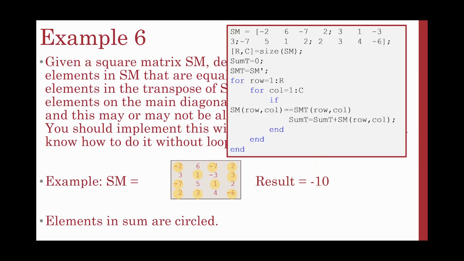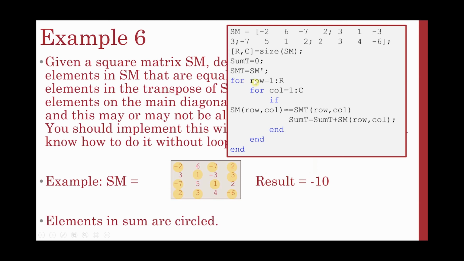So what do we do? We define our original matrix. And then we need the number of rows and the number of columns. We're going to set our sum equal to 0, and then we're going to set our second variable. We need the transpose of our original matrix. So how are we going to set this up?